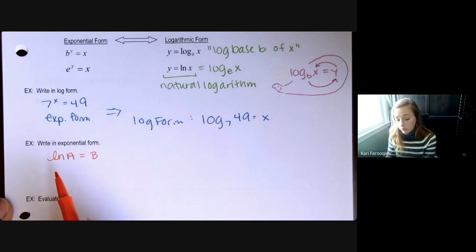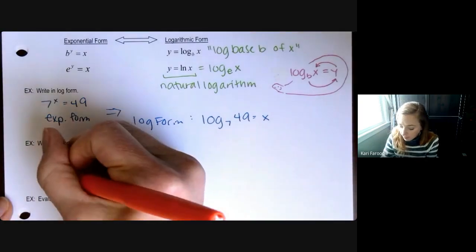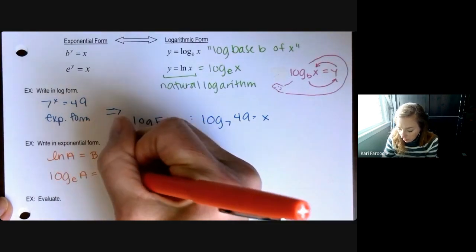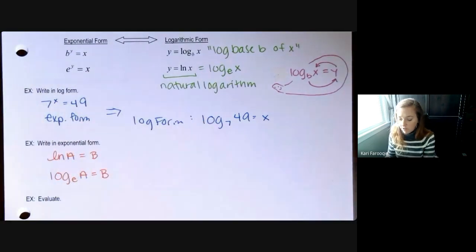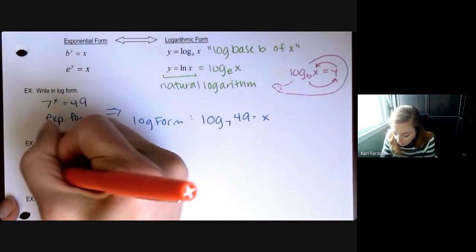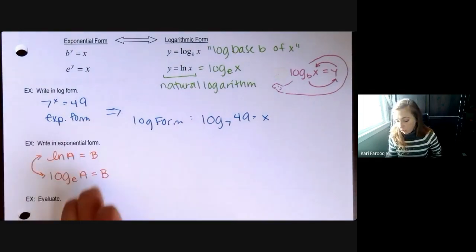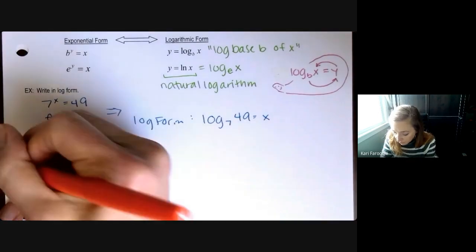You know that a natural log has base e. So you might find that it's easier to write this as log base e of a equals b. These two are saying the same thing. Now, I have not actually written it in exponential form yet. It's still in log form, but these are two equivalent log forms.